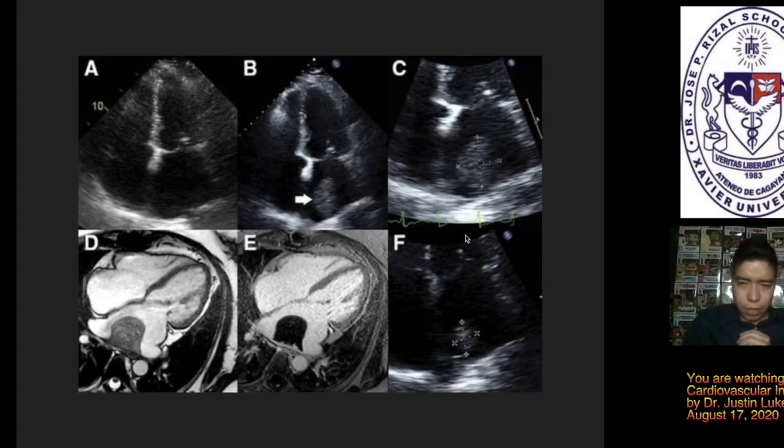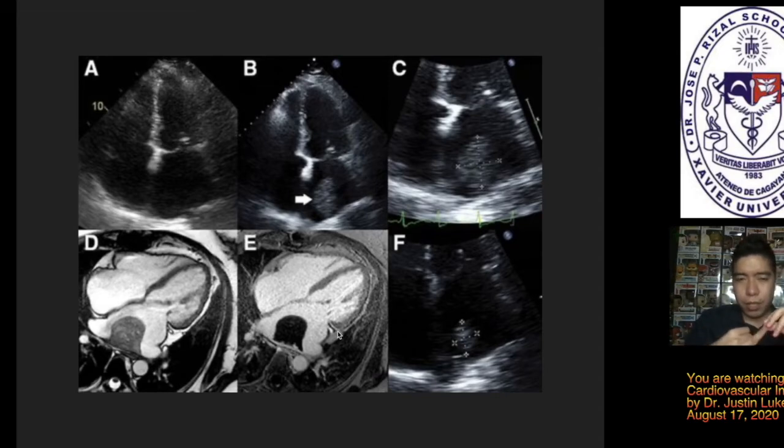So the differentials for these masses would be, if we're looking at benign masses, the most common is the myxoma, and myxoma commonly occurs in the left atrium. That's the most common. For the thrombus, it's usually seen either in the LA or LV. That's the usual location. Those are for benign, so the most common benign is your myxoma.